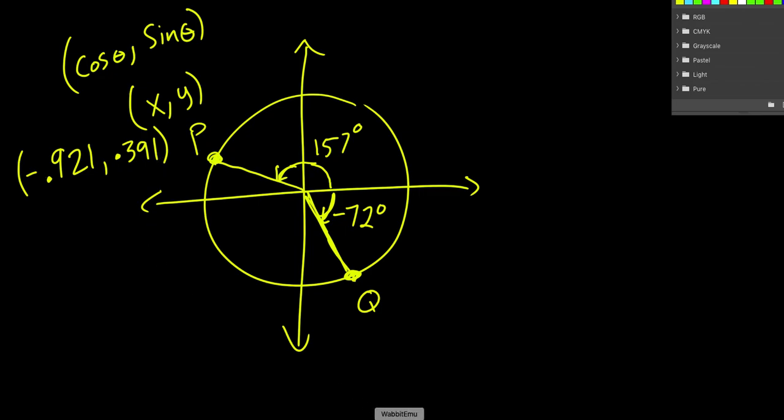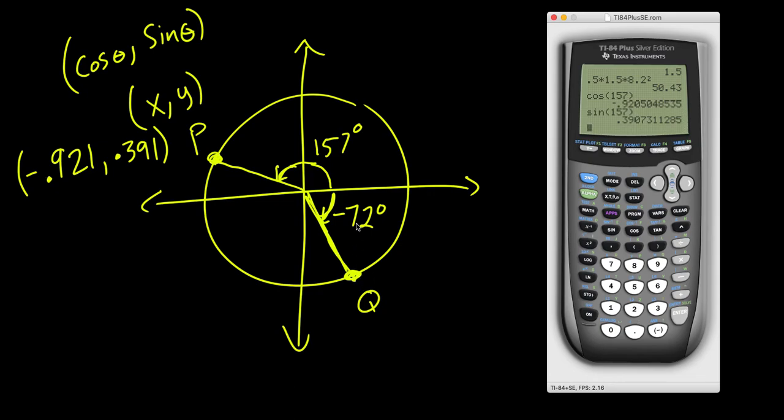Okay. Now we're going to go to the other one, and we're going to do the same thing, but we're just going to plug in a negative 72 instead. So cosine negative 72, hit enter, and then sine negative 72. And so the x value is 0.309.